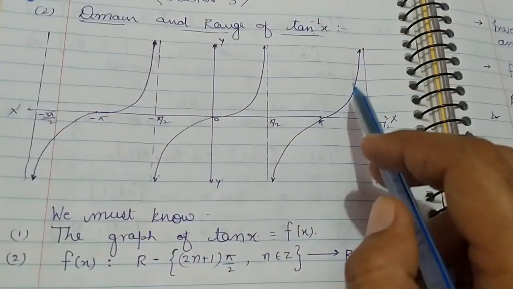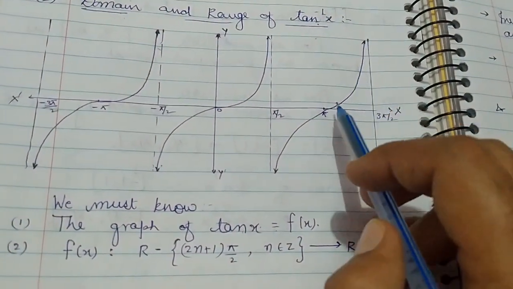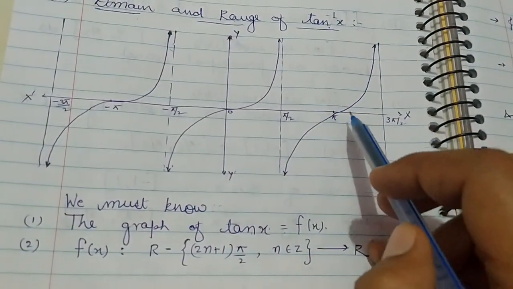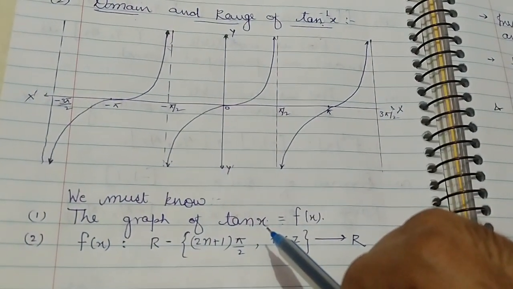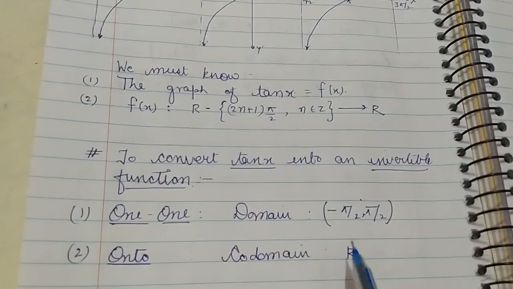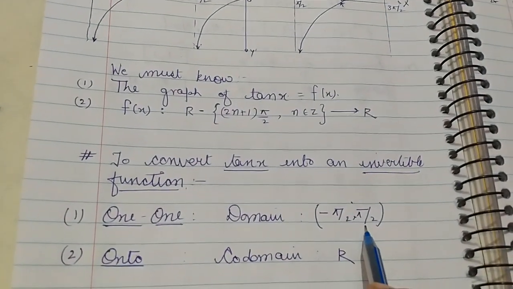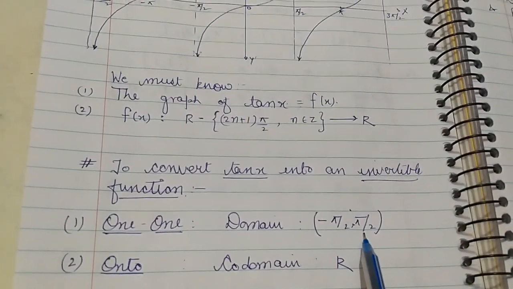There are many branches using which we can convert this function into a one-one function, but here we take the principal branch of this function.